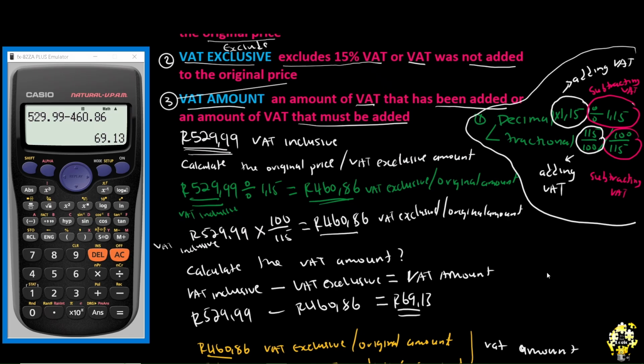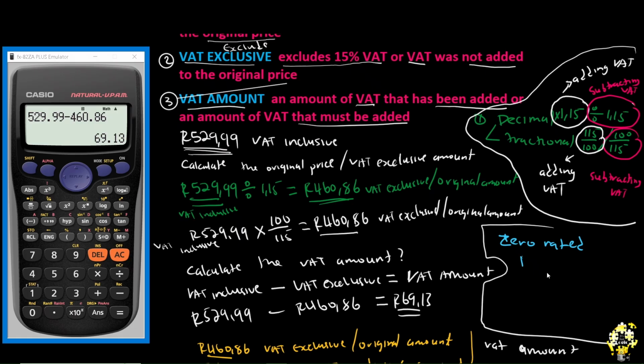Lastly, because this does come out, there are items which are VAT exempt. They are 0 rated. I've seen a question that said calculate the VAT inclusive amount of a maize meal.